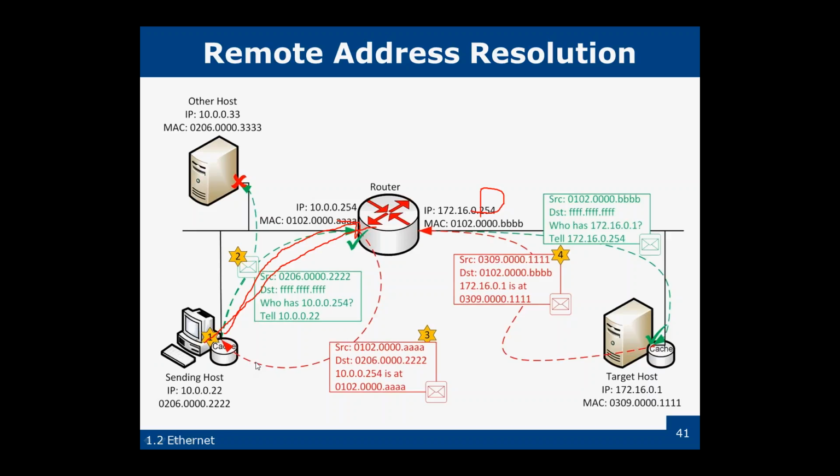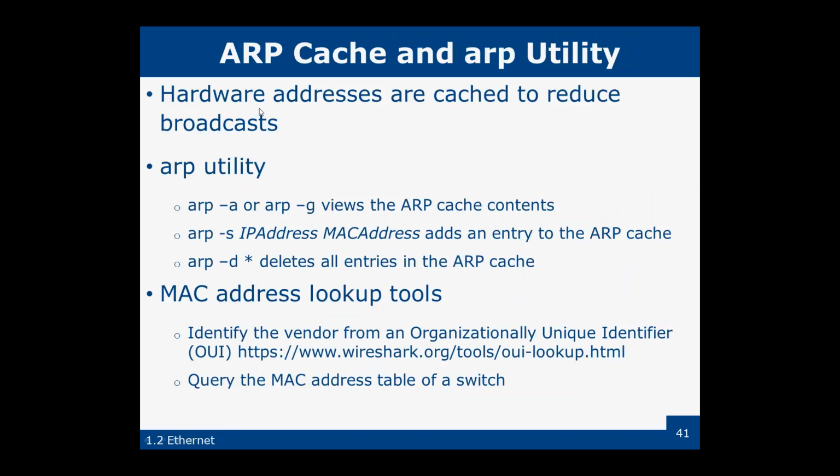And if you want to see the cache, you can go to a command prompt on your Windows machine and type ARP space -A. The ARP cache, the ARP utility, here it is. We got there just in time. ARP -A, -G, different views, the MAC address lookups, and they say that you can go to Wireshark and do an OUI lookup.